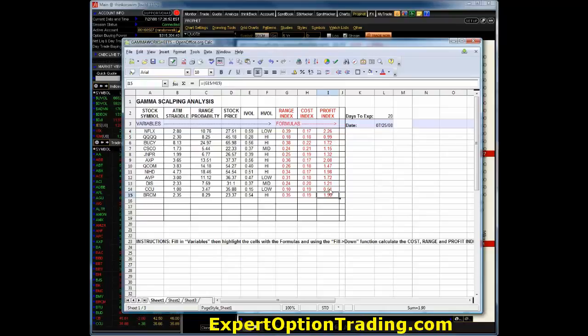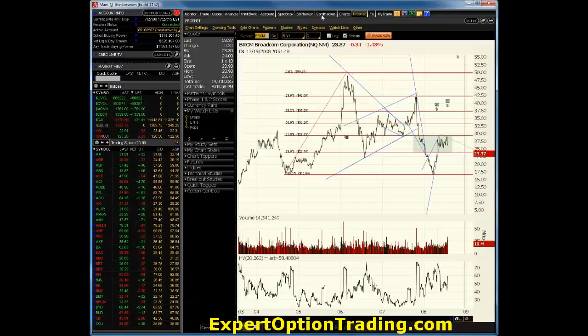And at the very lowest end is our Clear Channel Communications profit index at 0.51. It looks like the reason for that extremely low profit index is because of the range. The range here is extremely low. Even though the at-the-money straddle is only $1, the range in which the Thinkorswim platform is predicting its movement is also extremely low.